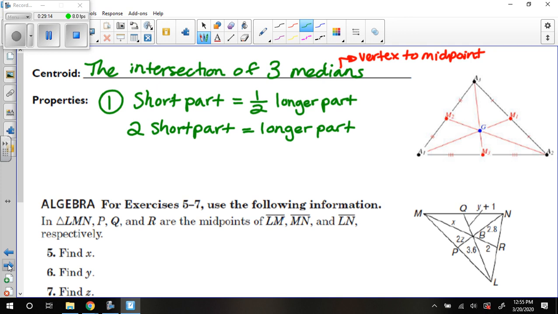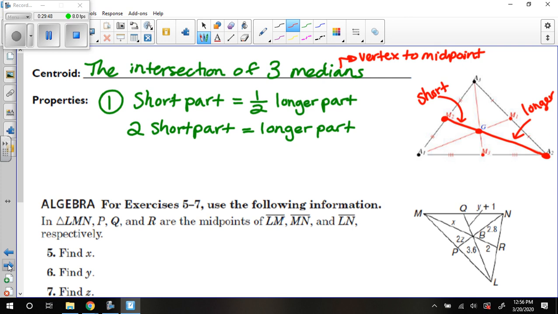So let me look at my picture over here. If I focus on this median, this piece from this point to point G here is going to be the short piece, right? And then from point G over here to this vertex, that's the longer part.